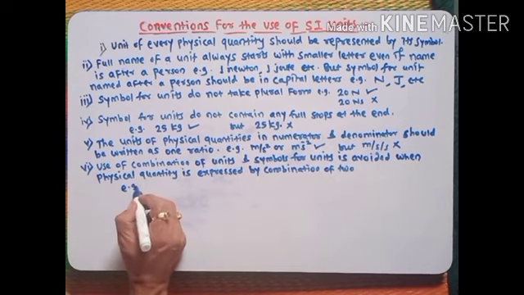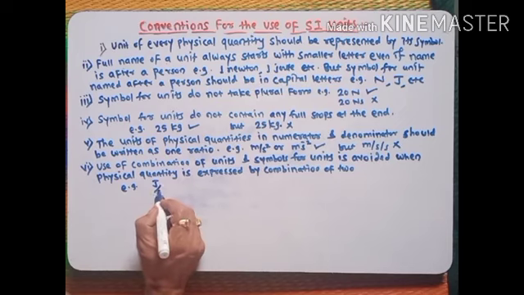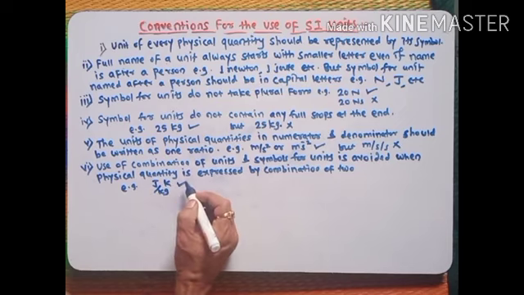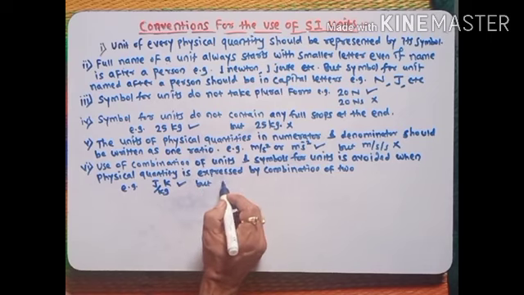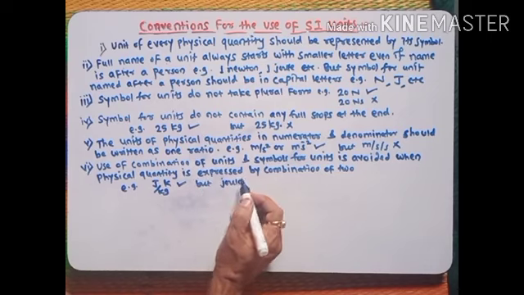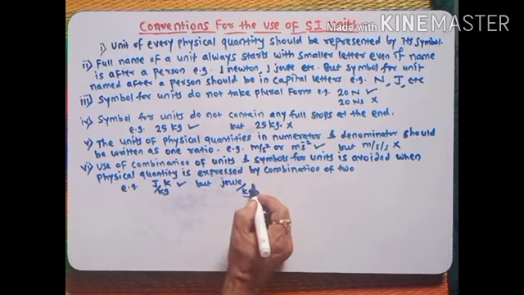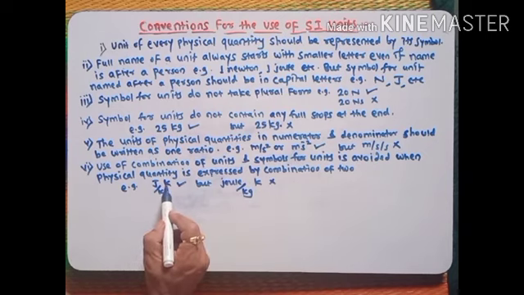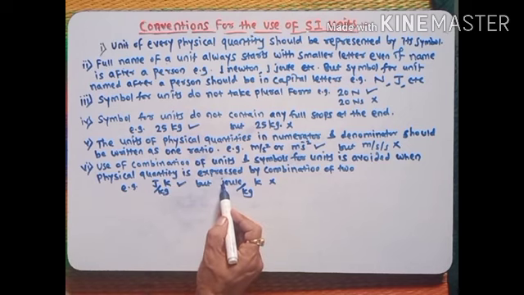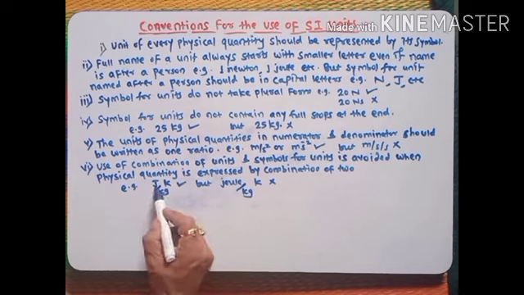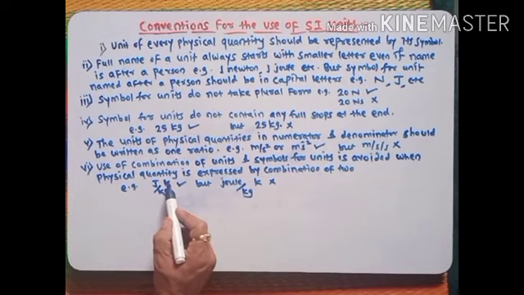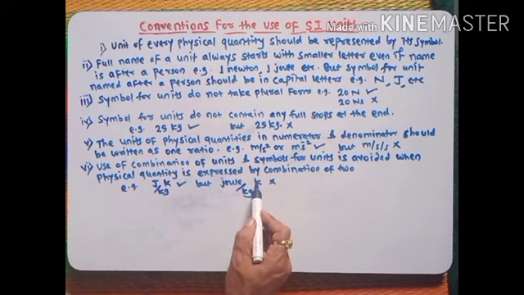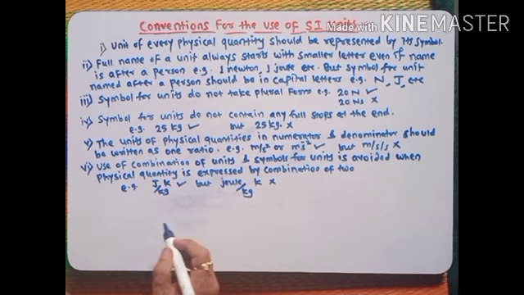For example, we can write J per kg K. This is correct, but joule per kg K is incorrect. Here, joule is in full form and the rest is symbol. Symbols together is right, but full form with symbol is not correct.